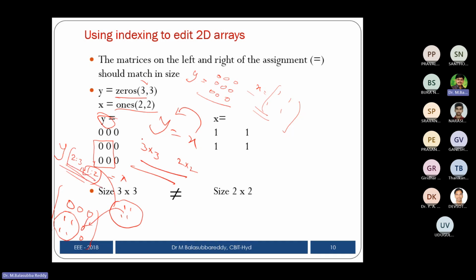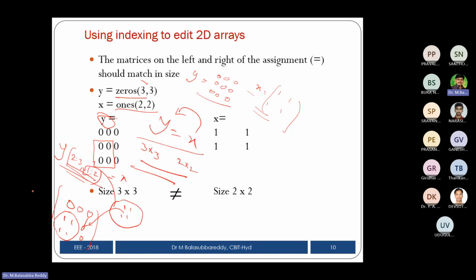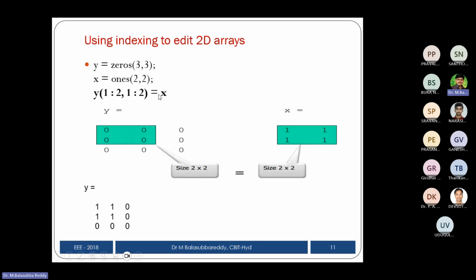But if I directly try to assign y is equal to x, it is not at all possible. Now we can see here I assigned in the upper side, and here I assigned in the lower side. If you want to assign here also, it is possible. Whatever positions you are going to replace, you retrieve those positions first, then you can assign that matrix.